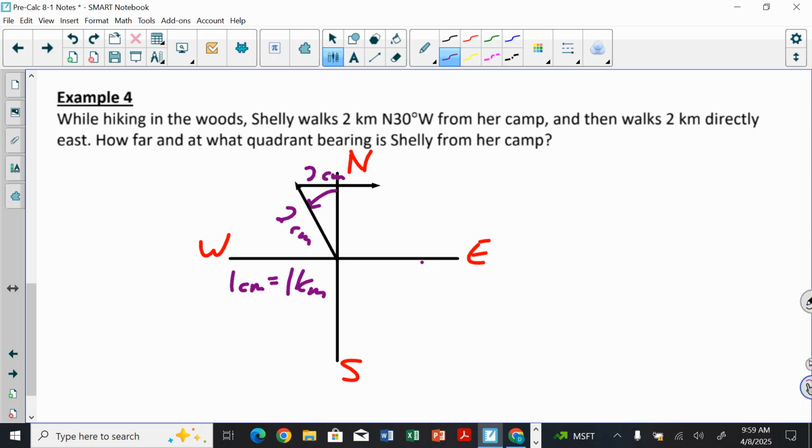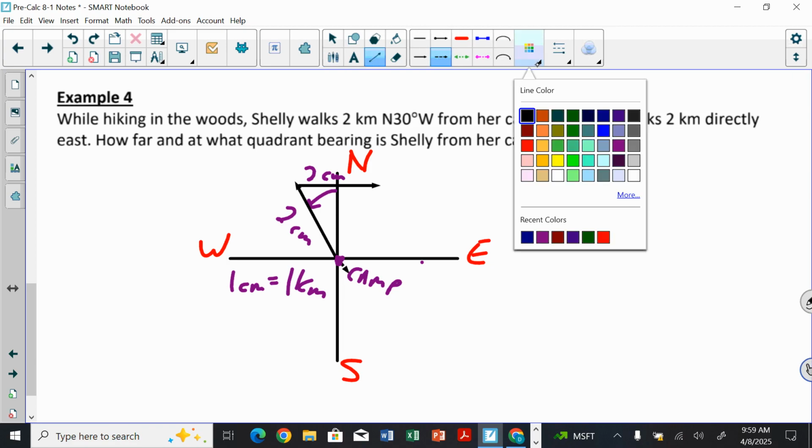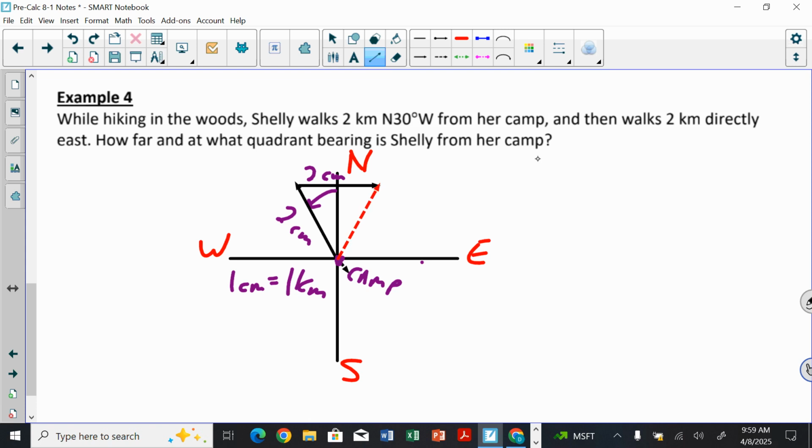So what does that put us? Now I can measure that. I'm looking at this new vector, because this is the starting spot, the camp, the origin right here. How far is she now from the camp? It would be this part right here.